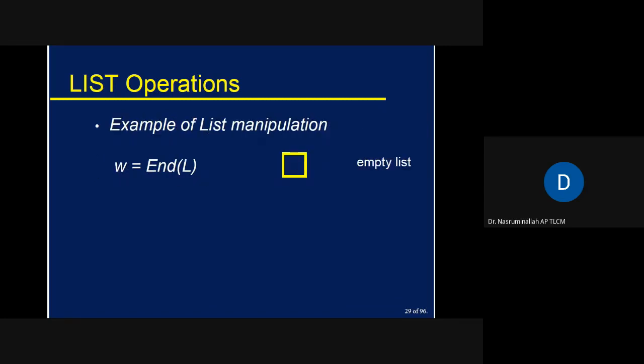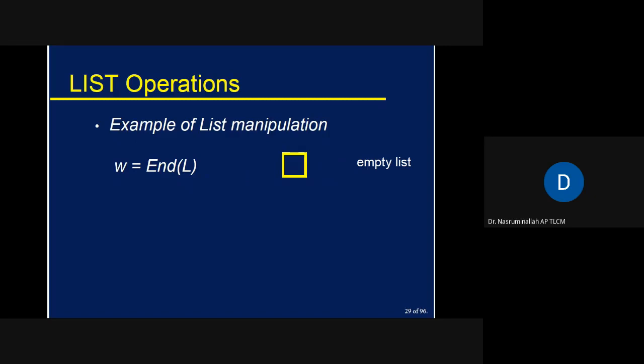So let's have an example of applying these operations on a list, and graphically see what will be the impact of those different operations. The first operation that we need to do is to implement a list.